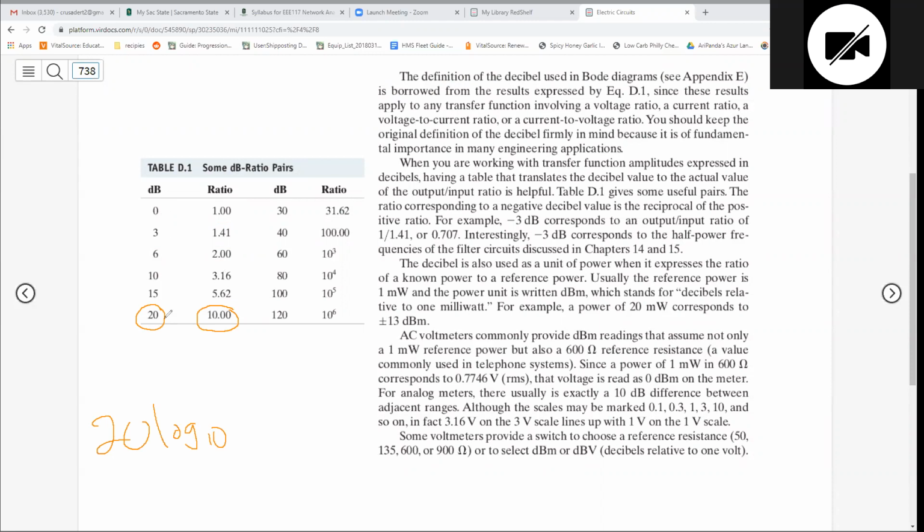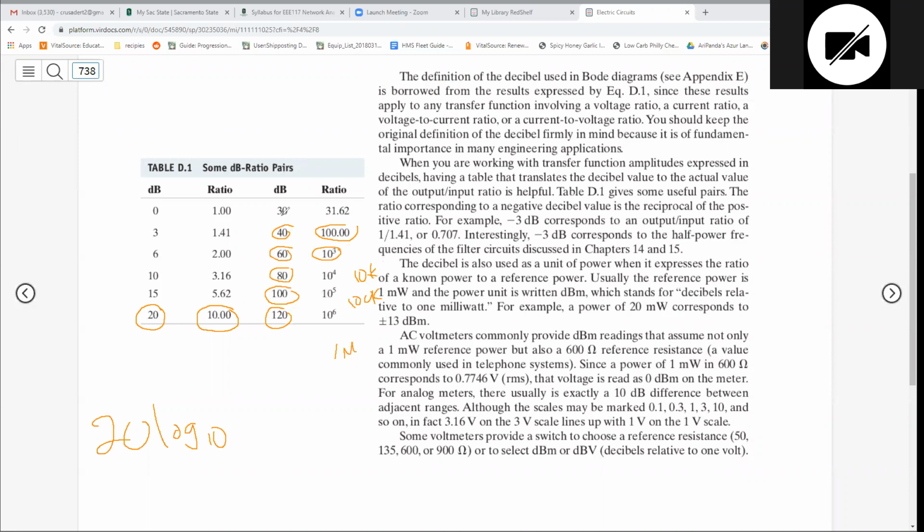So notice that 20 dB is 10, 40 dB is 100, 60 is 1,000, 80 is 10K, 100 is 100K, and 120 dB is 1 million. So going from 40 to 60 is a huge leap. 60 to 80 is ginormous. You're going to blow up your equipment most likely.